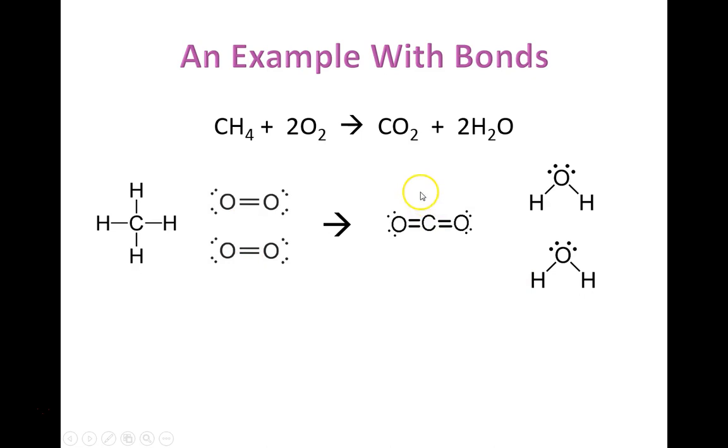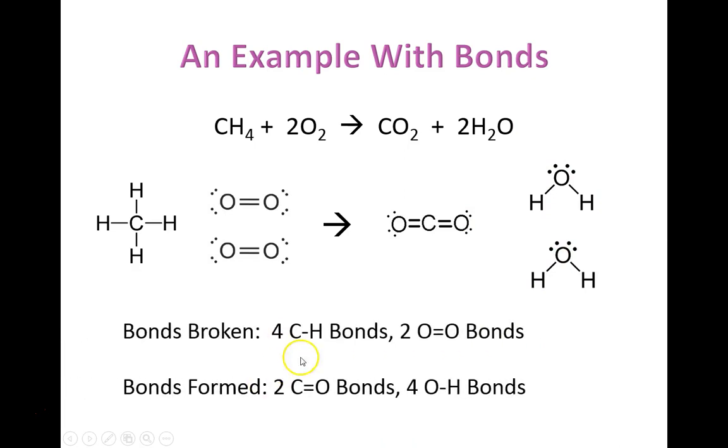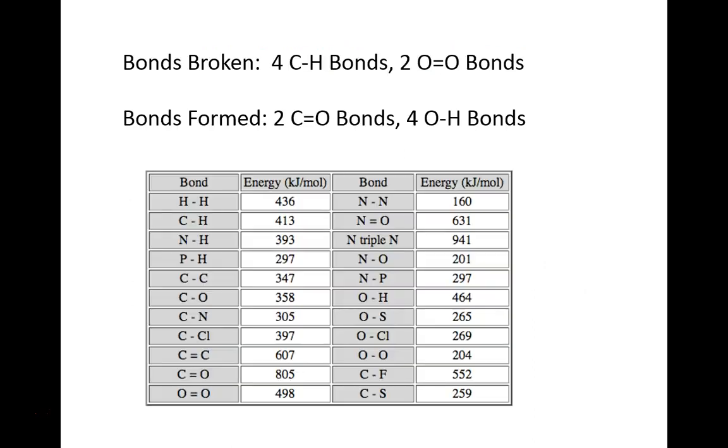And the bonds that are going to be forming are 2 oxygen-carbon double bonds and 2 oxygen-hydrogen single bonds for each of these waters, so a total of 4 oxygen-hydrogen single bonds. So you see that summarized down here: 4 carbon-hydrogen bonds broken, 2 oxygen double bonds broken. Formed we have 2 carbon-oxygen double bonds and 4 oxygen-hydrogen single bonds.